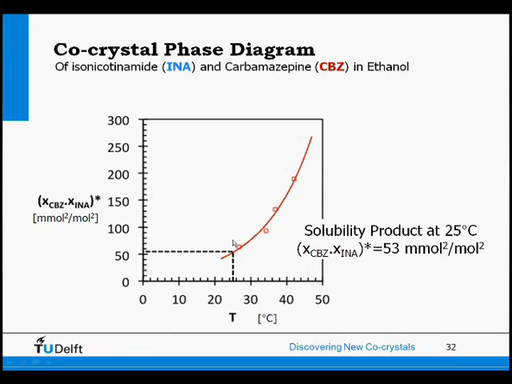But here I use just the solubility product against temperature, and I indicate here a temperature of 25 degrees, and then you can establish that your solubility product of the co-crystal is 53. So that you can use to construct a phase diagram at 25 degrees.